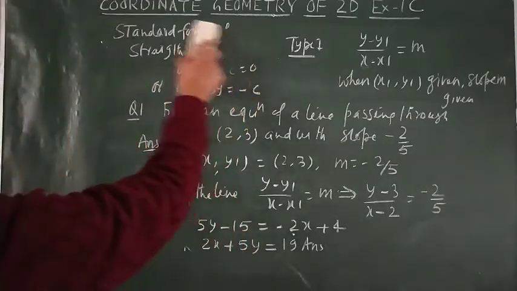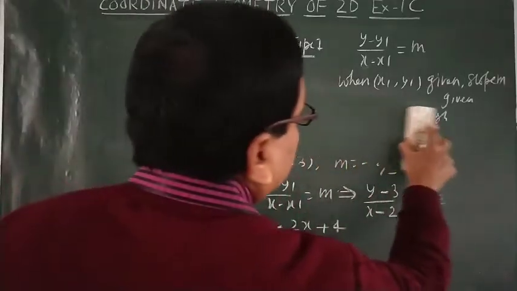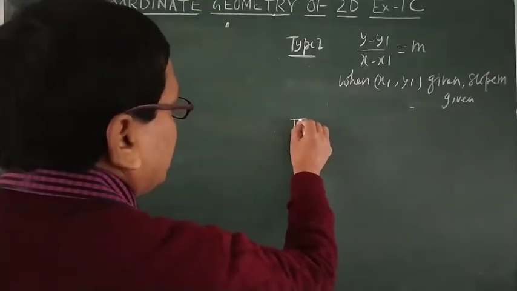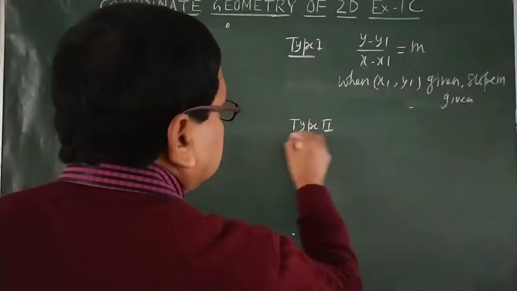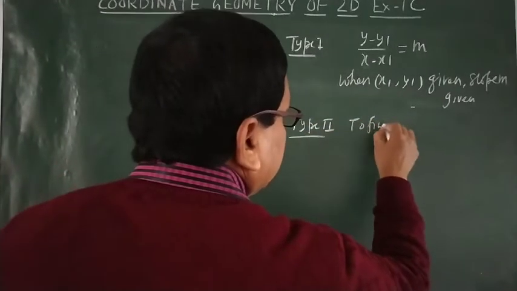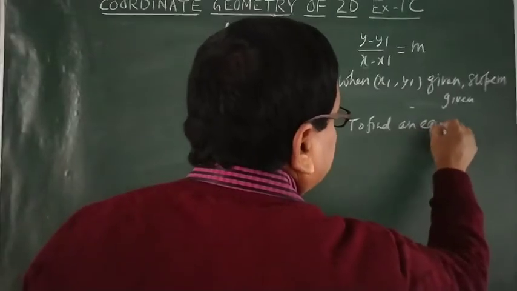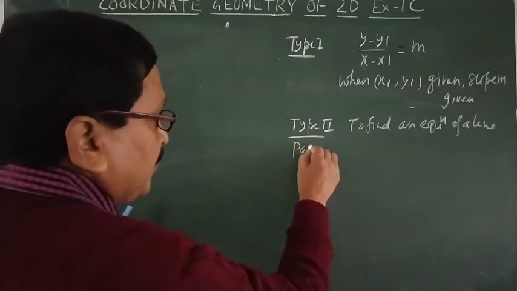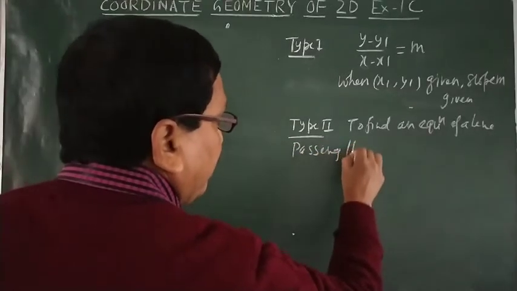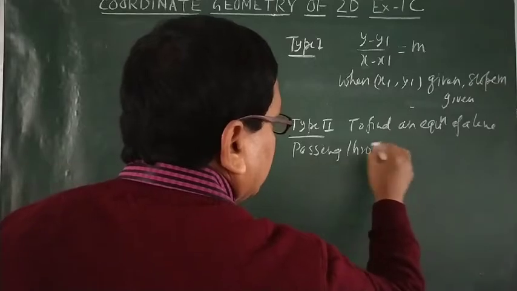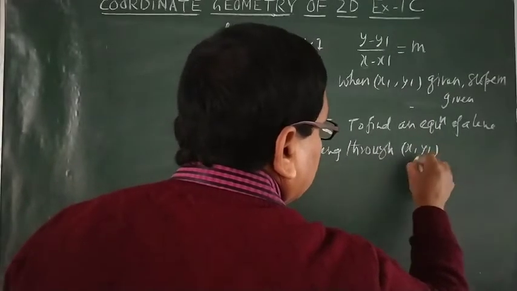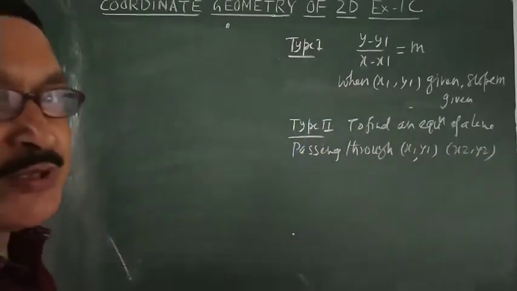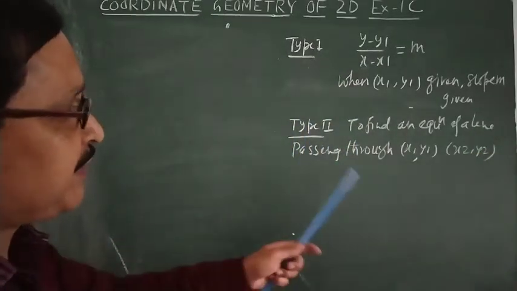Now next target. The second target is type 2. Find an equation of a line passing through (x1, y1) and (x2, y2). The 2 points are given on the line and we have to write the equation of the line.